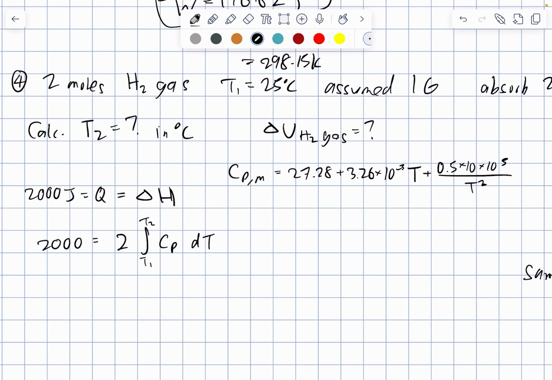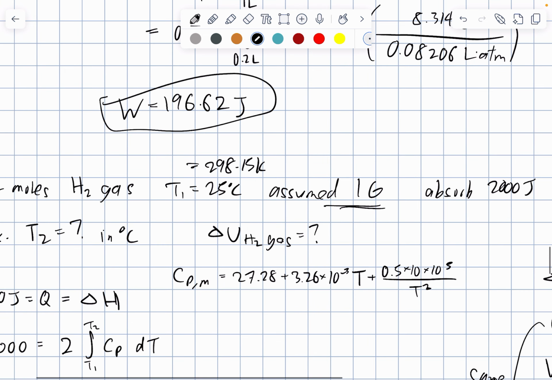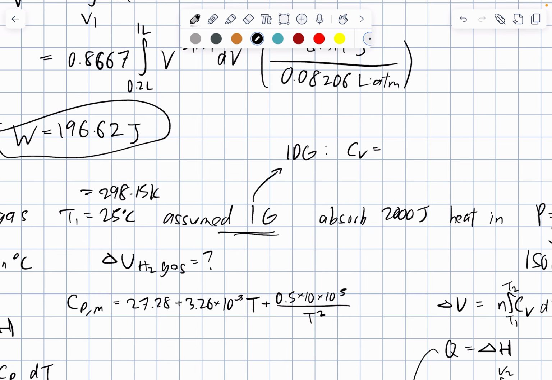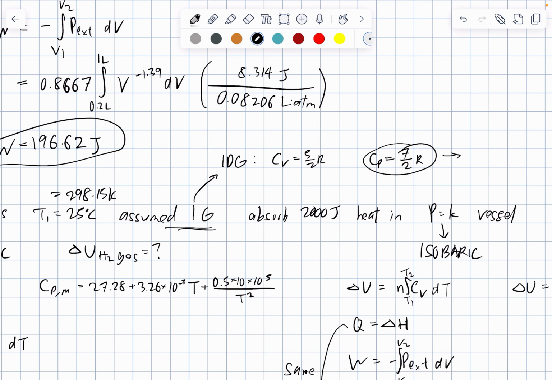However, technically, since we assume that H2 gas is ideal, H2 is diatomic, no? So ideal diatomic gas, its Cv is equal to 5 over 2 R, and its Cp is 7 over 2 R. I used this one.